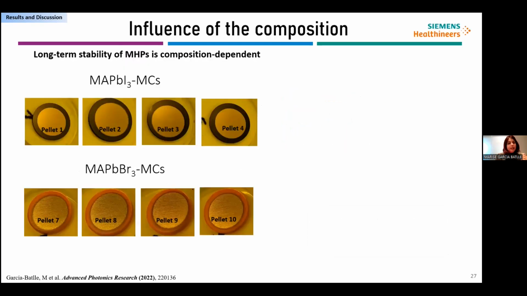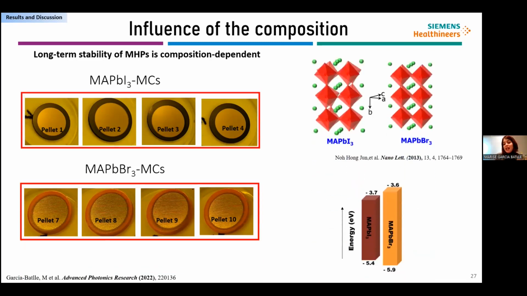Then, in order to have more statistical measurements, and because the long-term stability of the methylammonium lead halide perovskite is composition dependent, or polycrystalline sample dependent, we started studying only MAPI, and then we started thinking maybe methylammonium lead bromide is another suitable way to study this kind of perovskite, because it has been reported that the cubic structure of methylammonium lead bromide is more stable at room temperature compared to the distorted configuration of methylammonium lead iodide.